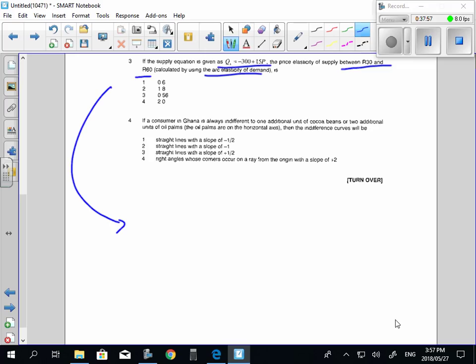what you would have to do is you would have to substitute those different prices into that equation to get your different quantities, Q1 and Q2, and then you would substitute it in to solve using your arc elasticity formula. All right? So QS is equal to minus 300 plus 15P. Now P1 is 30. P2 is 60.